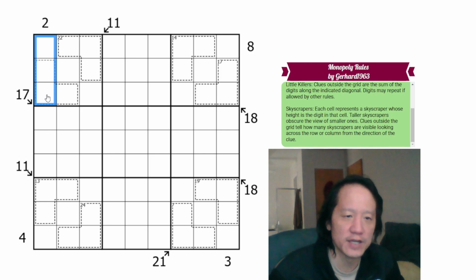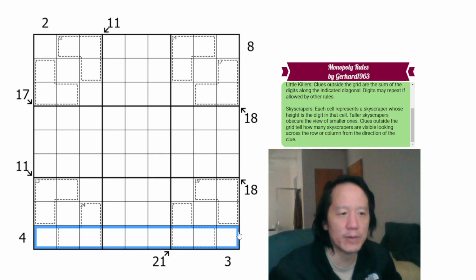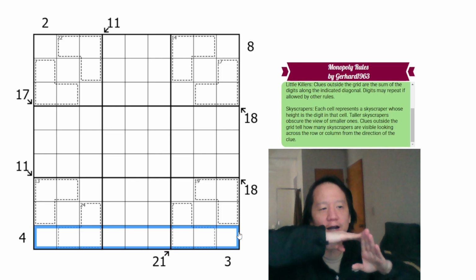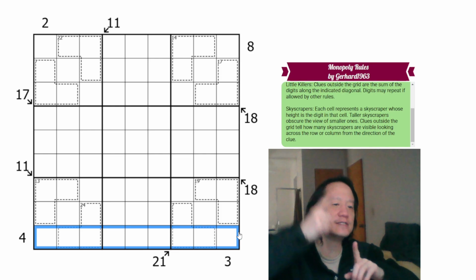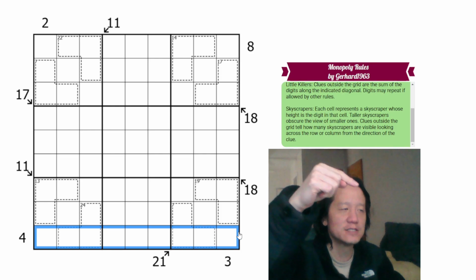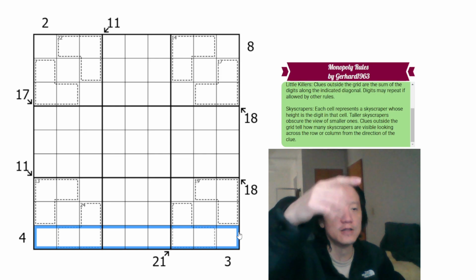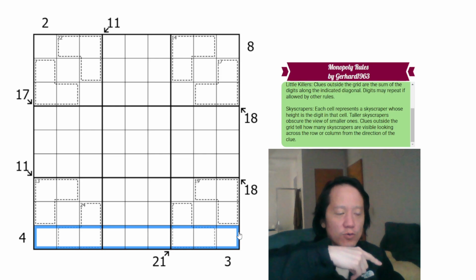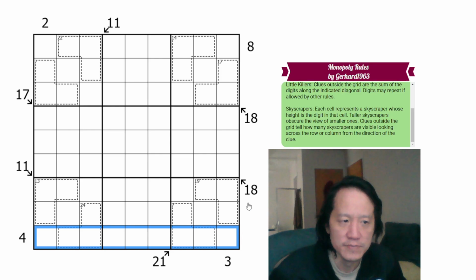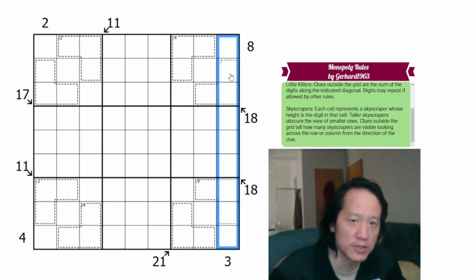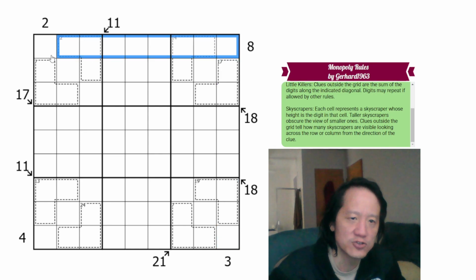That leads to various things that you can have. This says that you see 4 of these skyscrapers, and remember, the higher the number, the higher the height, right? And you cannot see a lower skyscraper that's beyond one of the previous ones that you see, right? So that means you see 4 skyscrapers here. You see 3 skyscrapers along this column going up, and you see 8 skyscrapers if you go this direction, right?